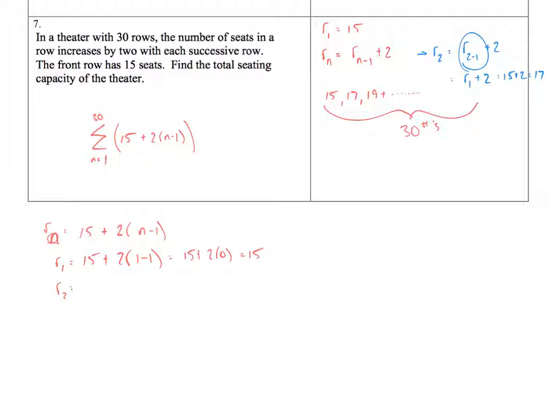You plug in a 30 for the top of it, and inside that parentheses there, you'll make sure that you put 15 plus 2 times x minus 1. Remember, we're using x because in our calculator, our variables are x's. And you should get the number 1320. So 1,320 seats.